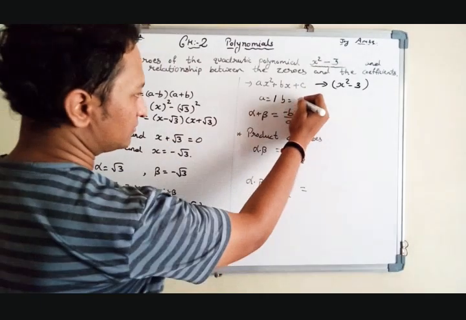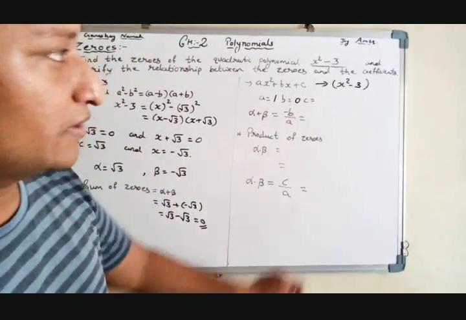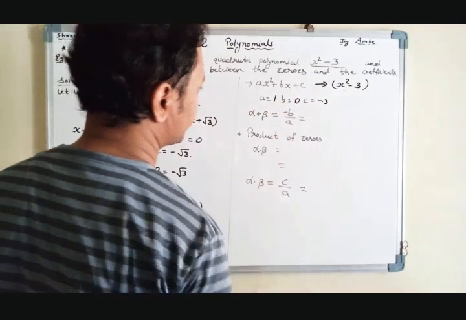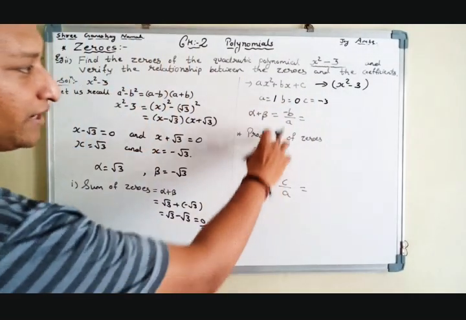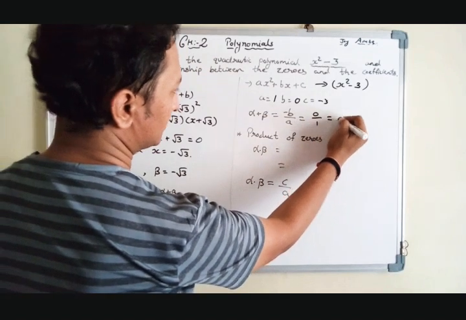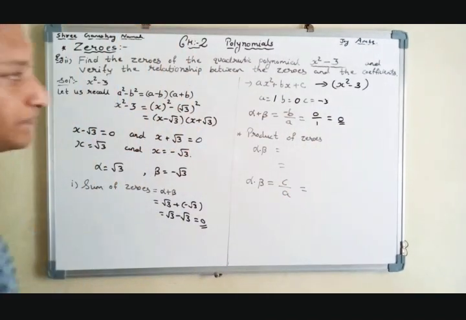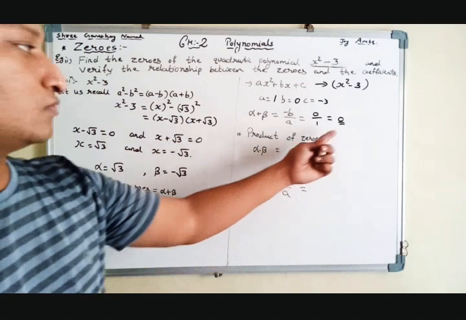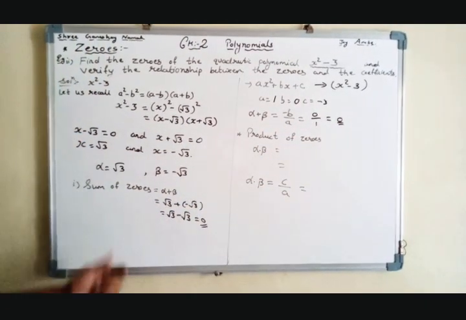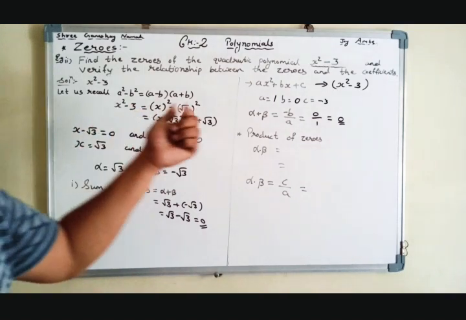It will become 0. Remember it. And what is c? The constant term, that is minus 3. Alpha plus beta equals minus b by a. So 0 upon 1, that is 0. Now left hand side, right hand side both are same. So we have verified the relationship for the sum of zeros.